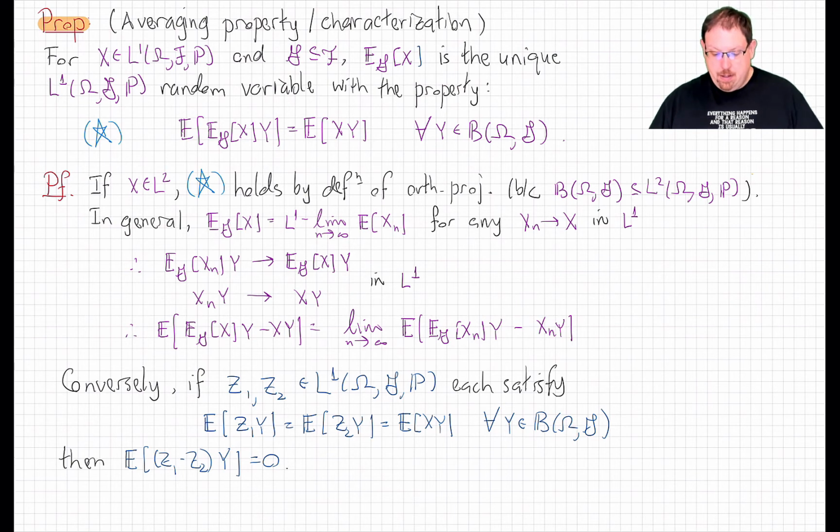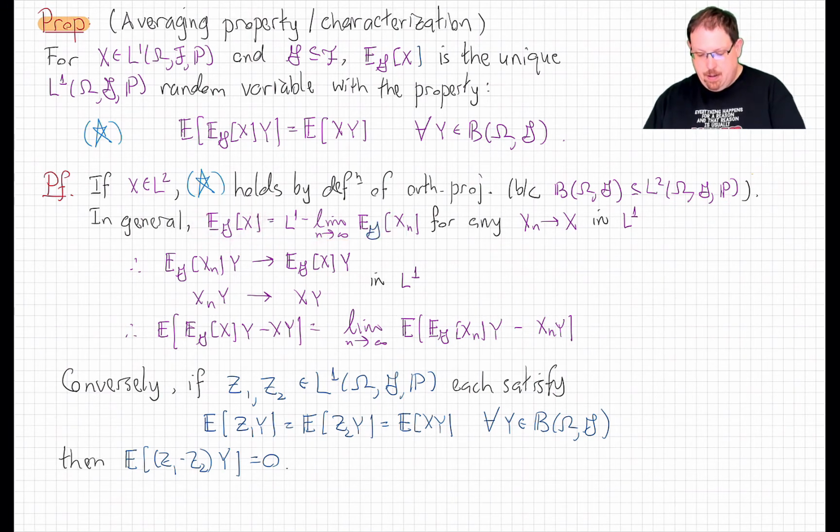To see why, first, note that this condition holds if we know that x is in L2. That's just because of the definition from orthogonal projection and the fact that these vectors y in the bounded functions are L2.